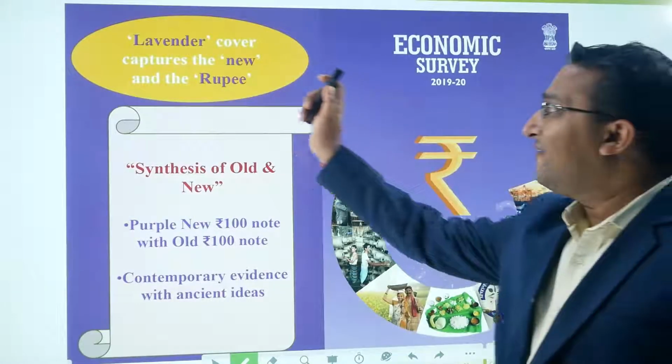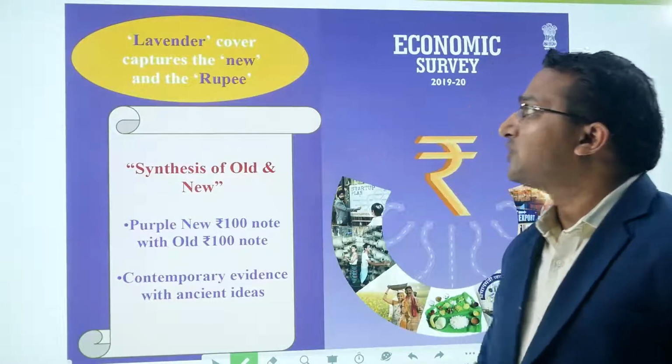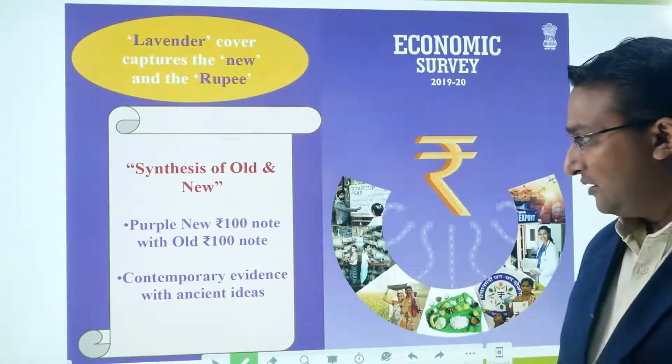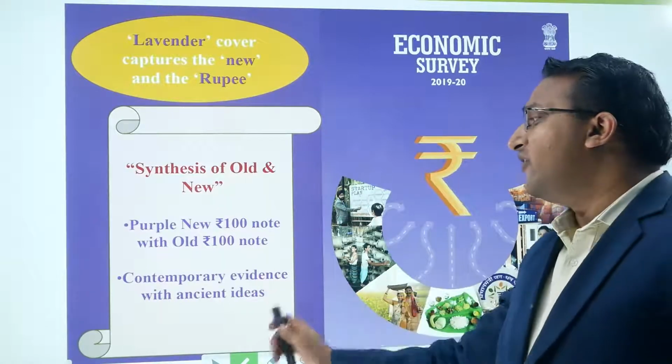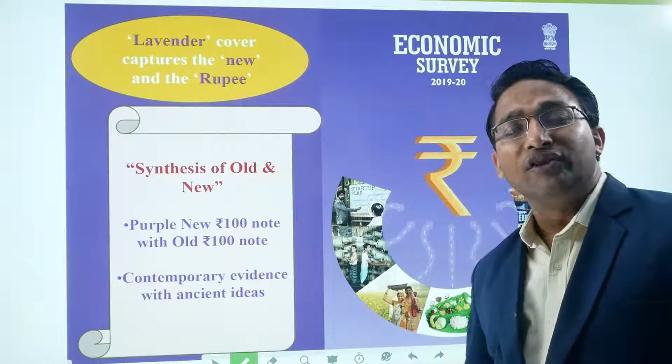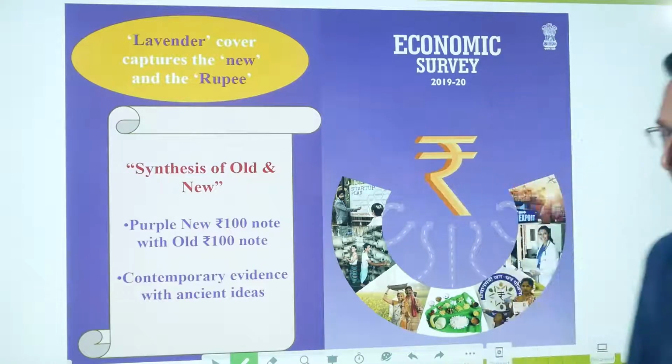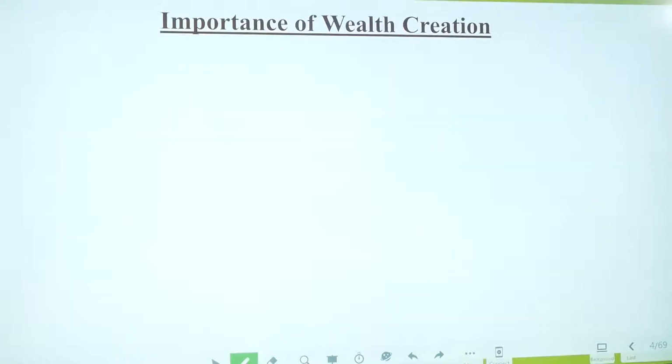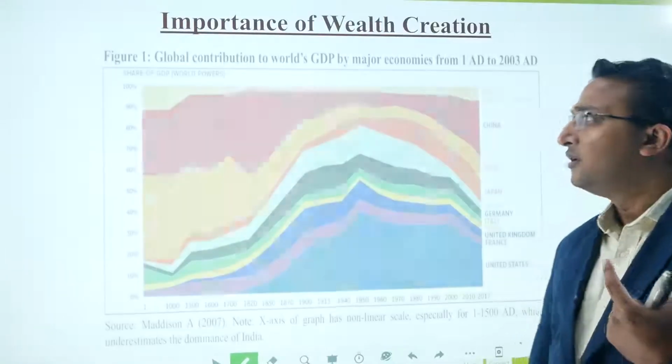So we have seen that the cover captures the new and the rupee. The contemporary evidence with the ancient ideas is the focus. What is the importance of wealth creation?